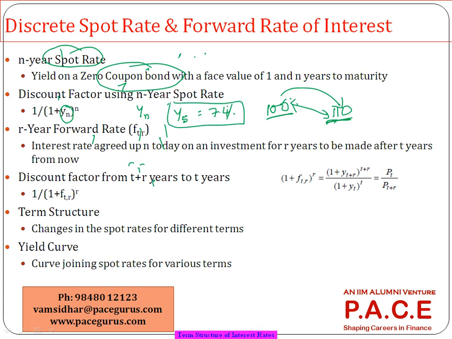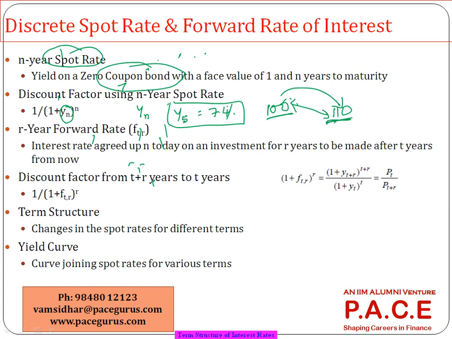Now that you know the 5-year spot rate is 7.4%, you can find out the discount factor, so that you can discount the cash flow of that particular period using this discounting factor. So the spot rate is a very important aspect in terms of valuing any kind of bond. We'll see at a later date.